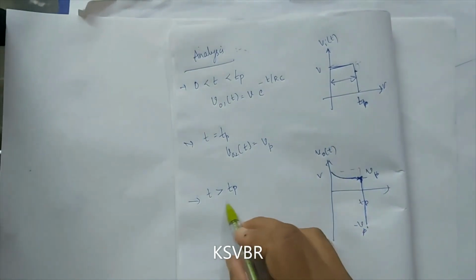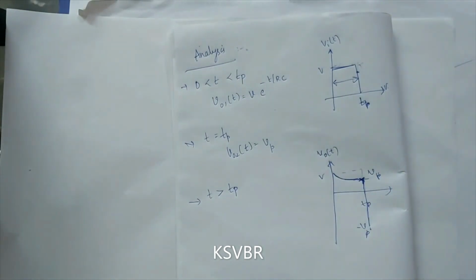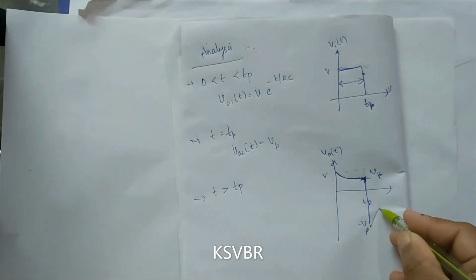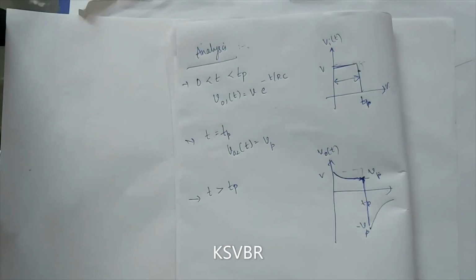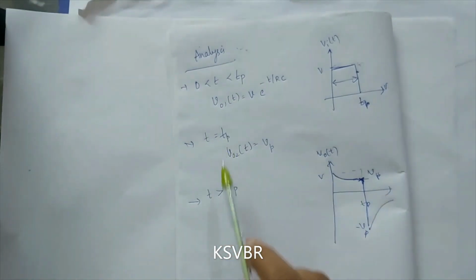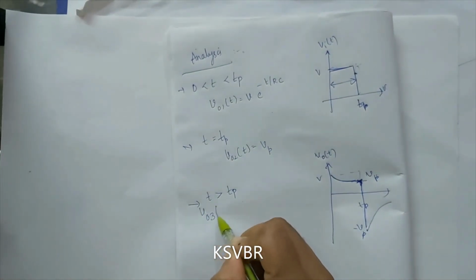Now t greater than tp, what will happen here? Here the capacitor is charged by taking input, so the capacitor has to discharge towards 0. So from here it starts discharging towards 0. This is the response of RC high pass filter to pulse input. So how can we write t greater than tp?